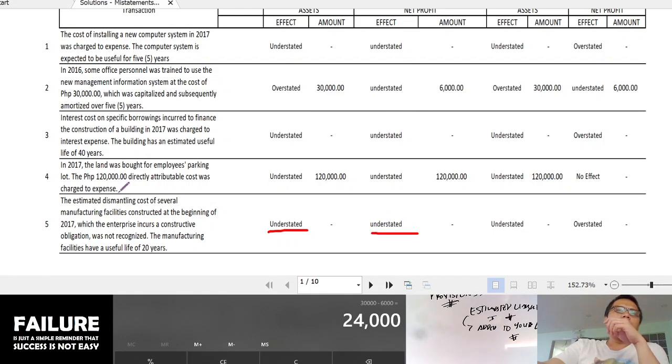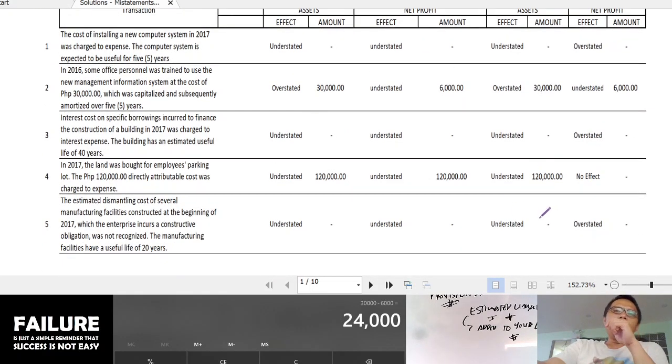Although, again, same concept, the depreciation expense or the non-recognition of the depreciation expense will result to an overstatement of net income, but somehow it cannot overcome the effect of the full recognition of that expense, of that error. Okay? So it is still understated. Net understatement of net income.